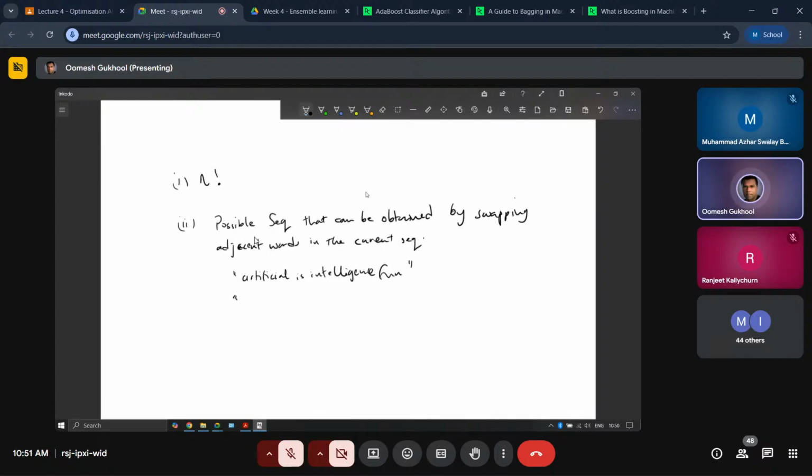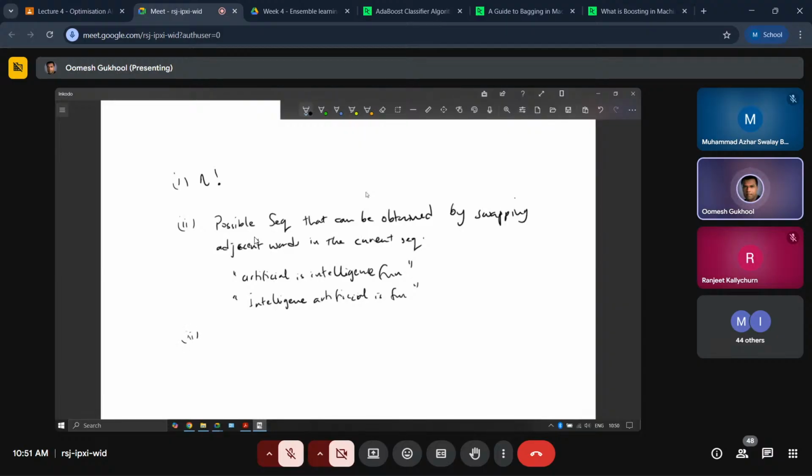You can also give another example, intelligence artificial is fun. So just minor swaps. Okay, just an example. Now the big question is part 3.